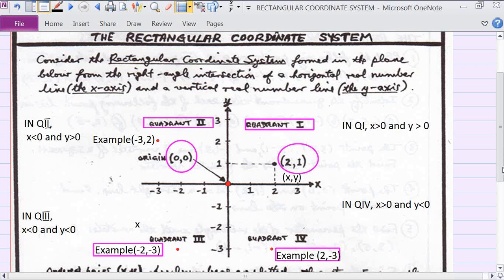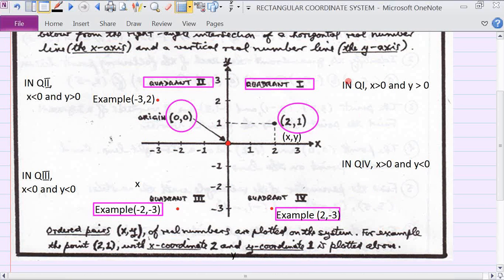Now, in quadrant 1, which is this quadrant right here, Roman numeral I, both the x and the y are positive. That's a requirement for a point to lie in quadrant 1. Both the x and the y must be greater than 0. In the case of quadrant 2, the x is less than 0, you can see over here, and y is positive because y is up here.